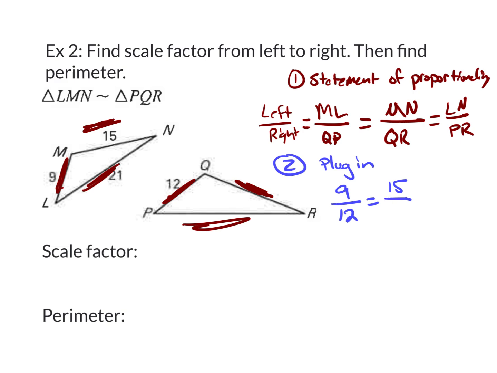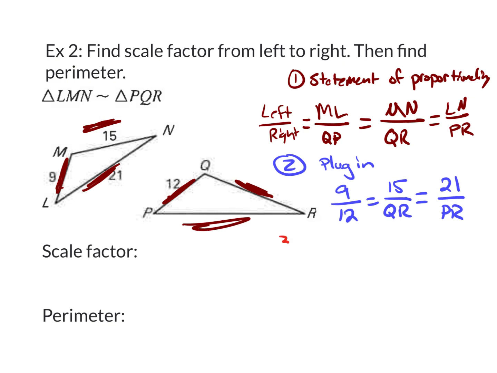QR, just QR. LN, 21. And PR, just PR, okay? All right, so those are all plugged in.